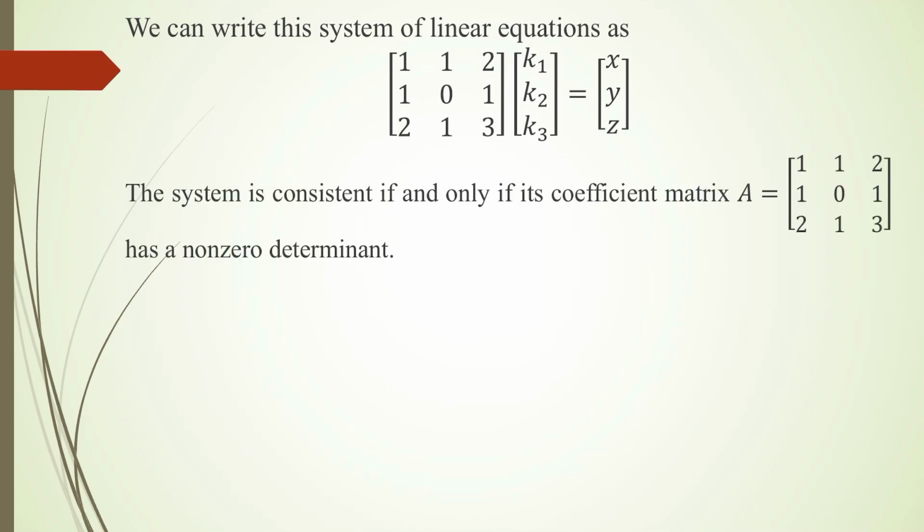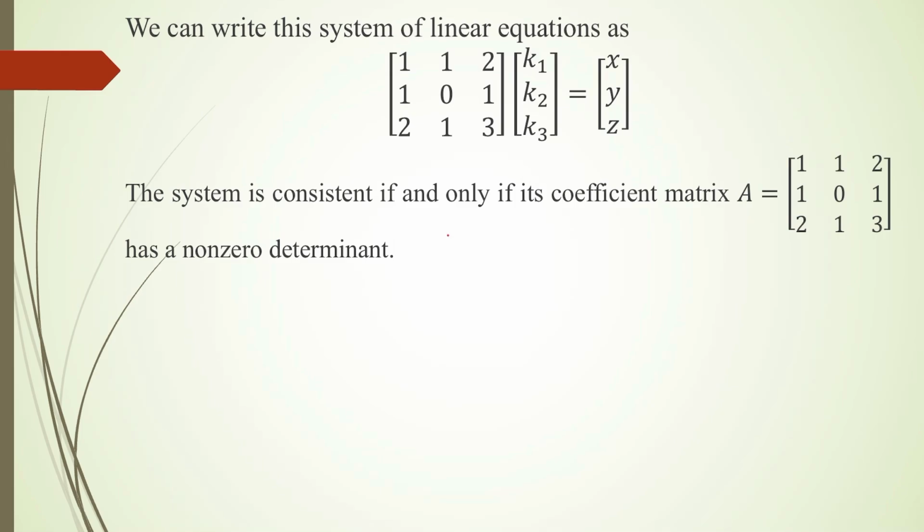This system has a solution for any x, y, z if and only if the coefficient matrix has a non-zero determinant. This is a theorem. So let's find the determinant of matrix A.